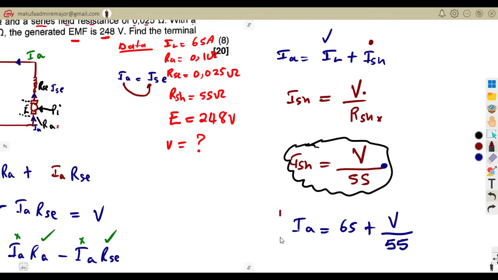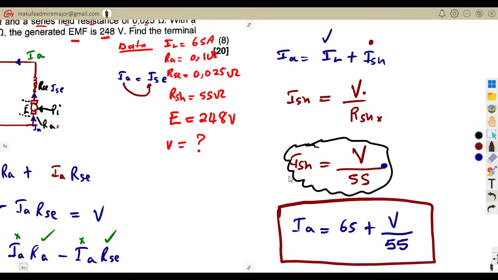We have an expression which represents the armature current. It's an expression, 65 plus this.